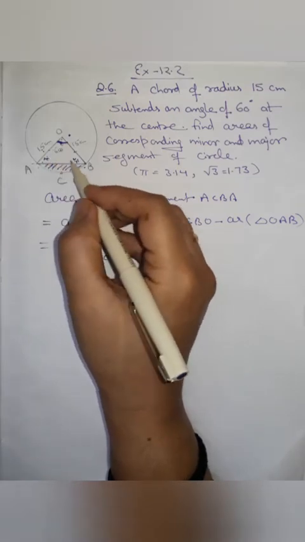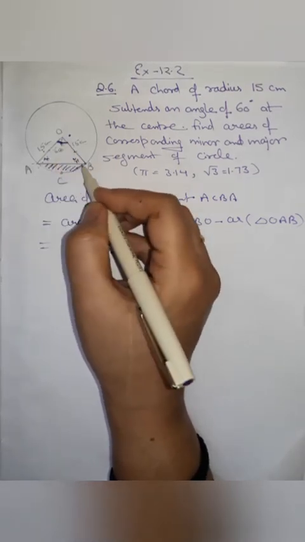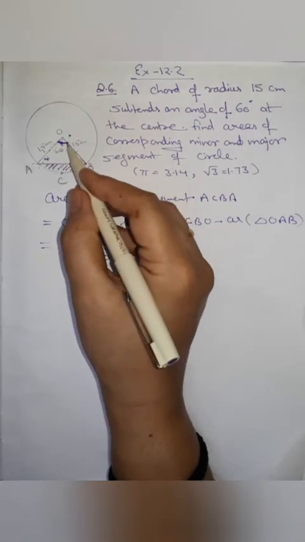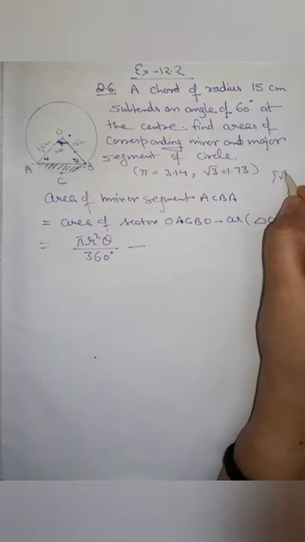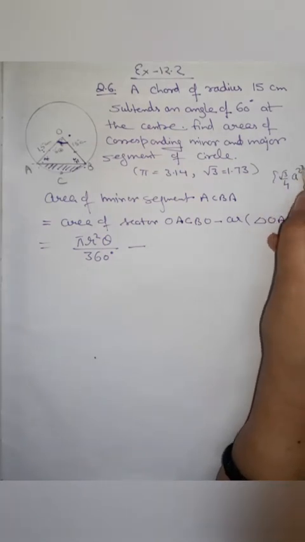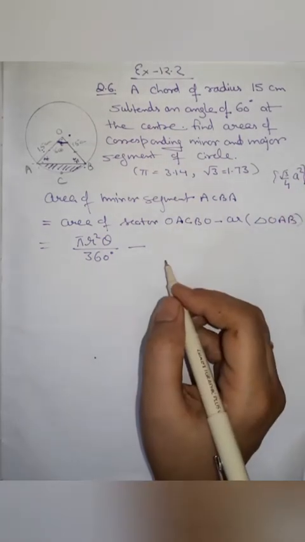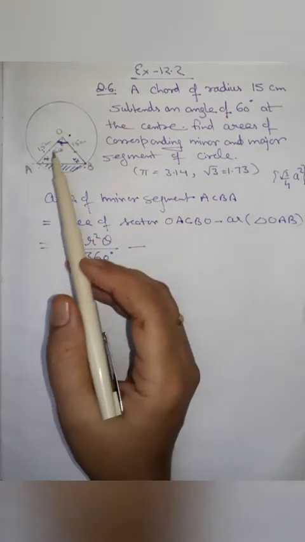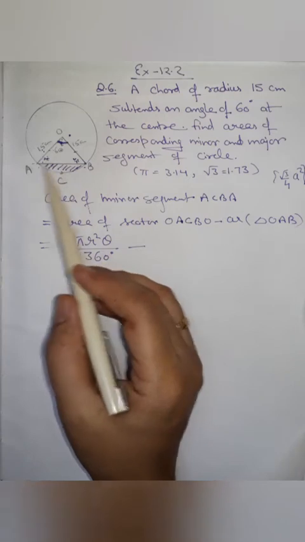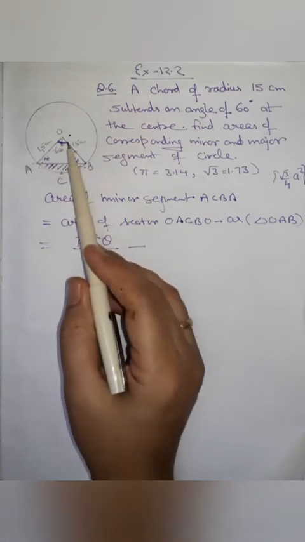Now if all the angles are 60 degree, we know that this is an equilateral triangle, and we can apply the formula to calculate the area, root 3 upon 4 a square. Or there is one more formula, in case we don't know whether the given triangle is equilateral or not.